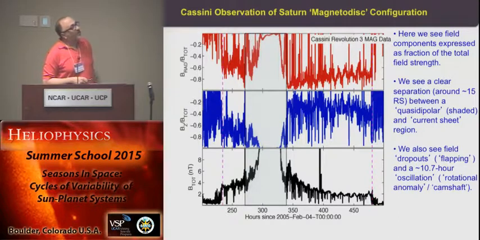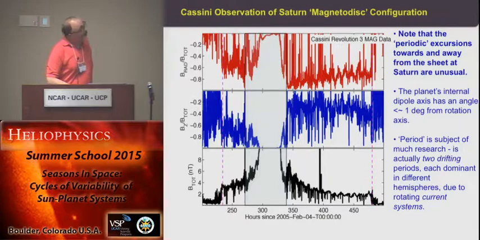So we see lots of other structure, of course. We see these strong dropouts in the field associated with flapping or sporadic encounters with the current sheet, and also this 10.7 hour or thereabouts oscillation, known in the community as the rotational anomaly or the camshaft signal.